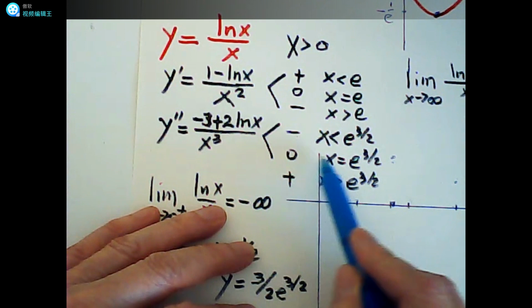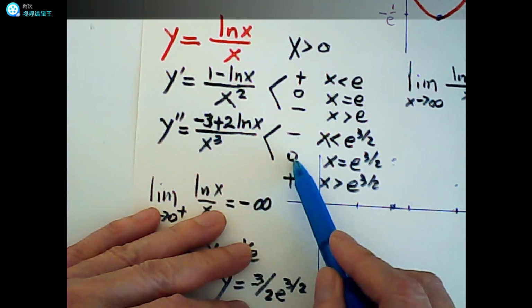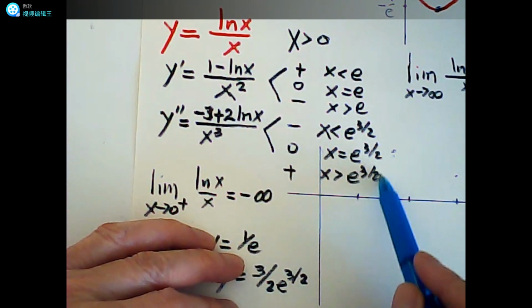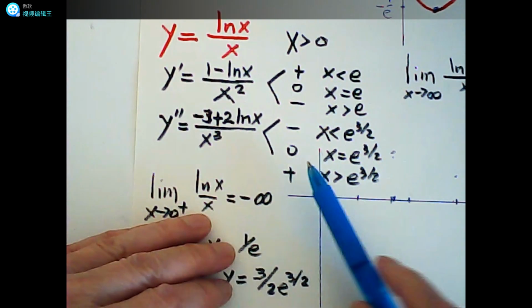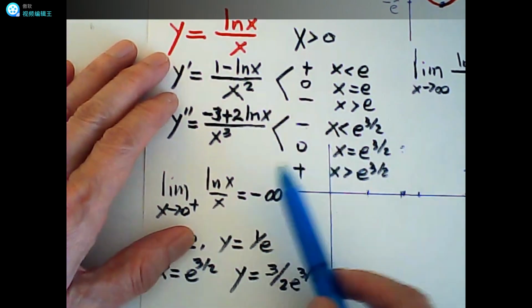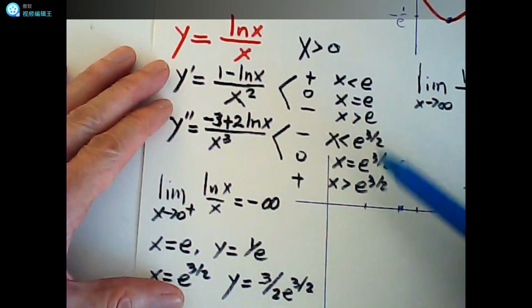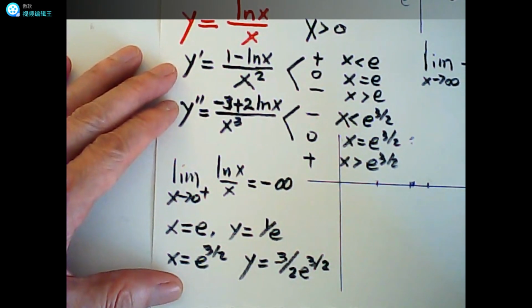At this point, the second derivative will be 0. That is a point of inflection. Now for x greater than that, the second derivative is positive. These are just simple algebra, I don't want to spend time on the detail, but the results are all listed here.